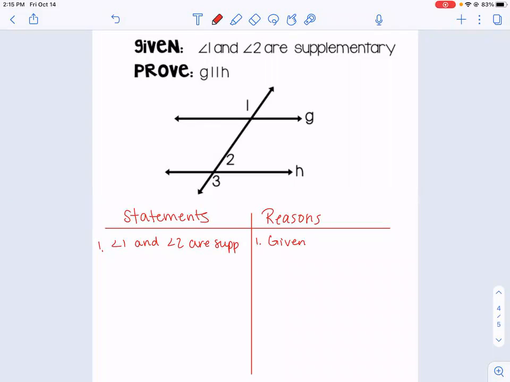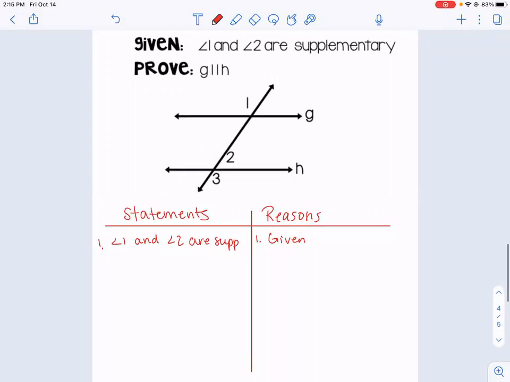Now, what does it mean to be supplementary? The measure of angle 1 plus the measure of angle 2 equals 180. What else do you know? Raise your hand. Emily. 2 and 3, okay. So angle 2 and angle 3 are supplementary because they are a linear pair.